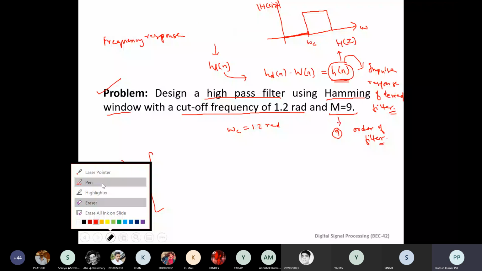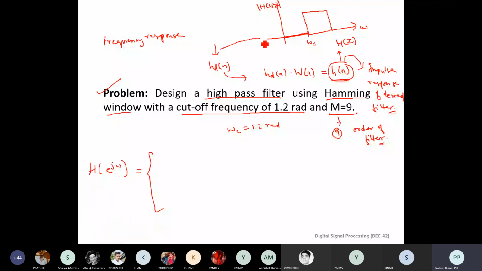Plotting in the negative frequency direction, it will be 0 up to a frequency of minus omega c, and after that it will have a magnitude, generally considered to be 1, unity, and here it is minus pi.